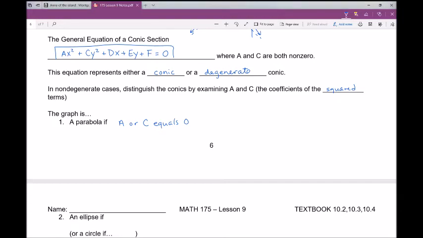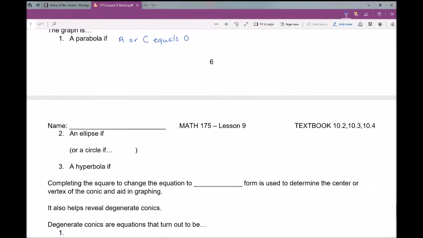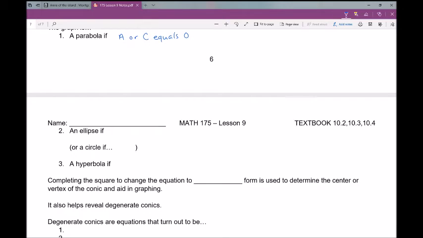So that makes sense. Our second case, we could have an ellipse if a and c have the same sign, but a is not equal to c. So a and c have the same sign, S-I-G-N, but a does not equal c. Okay, and you can think about why this makes sense, because if a and c are both positive, then you've got something where you have x squared plus y squared, and that brings the equation of an ellipse to mind.